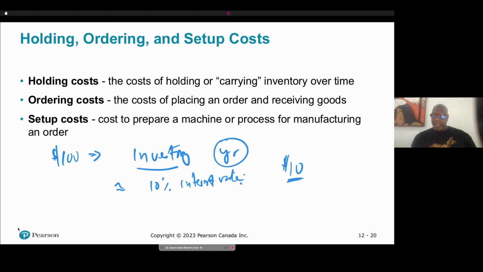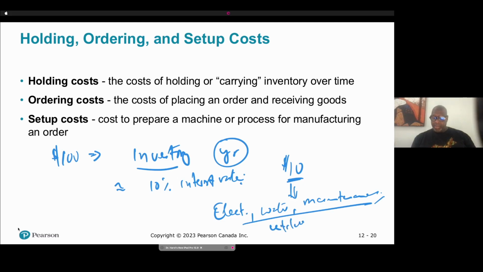But often, if you have this item in a warehouse, well, guess what? You have to have electricity, water, other maintenance. These are a number of costs that are related to utilities and maintenance.